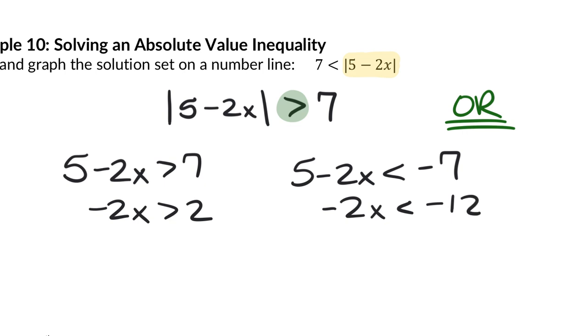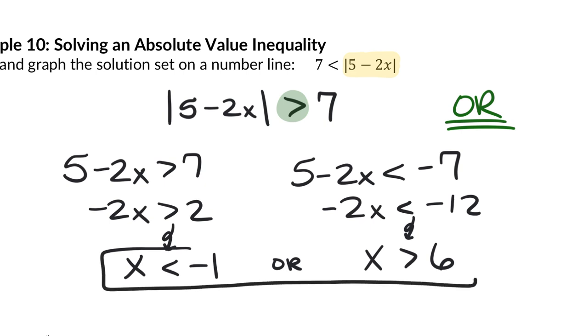Then we divide by negative 2, and we flip our symbol again. And we divide by negative 2, flipping our symbol one more time. And we have two mathematical statements. We're going to put the word or in between them, since this is a greater than question.